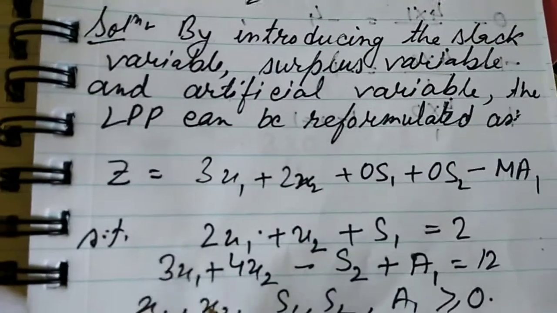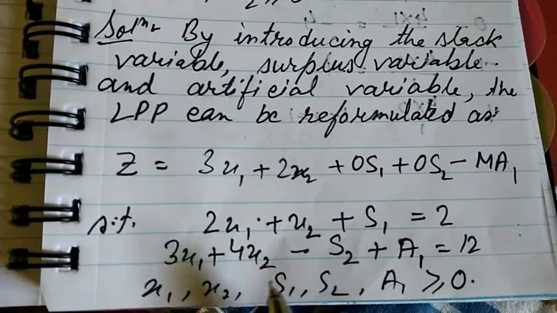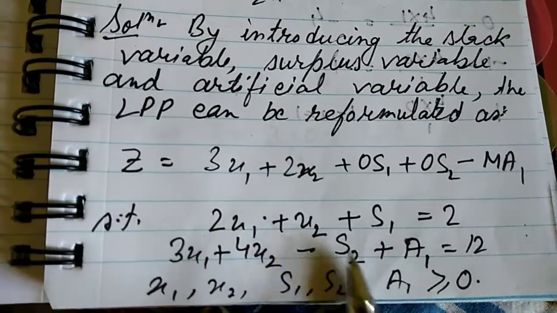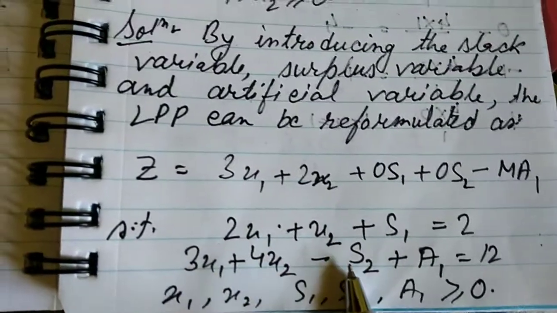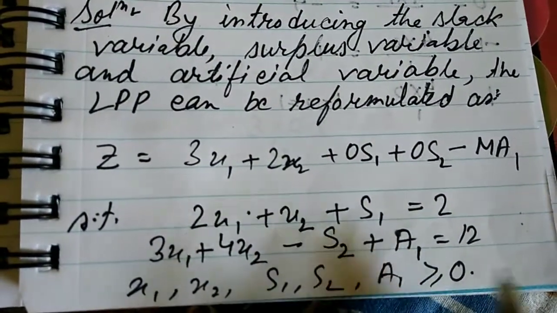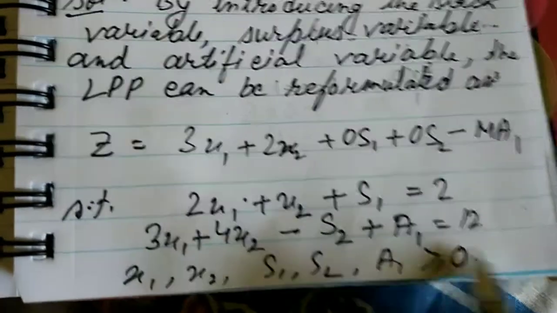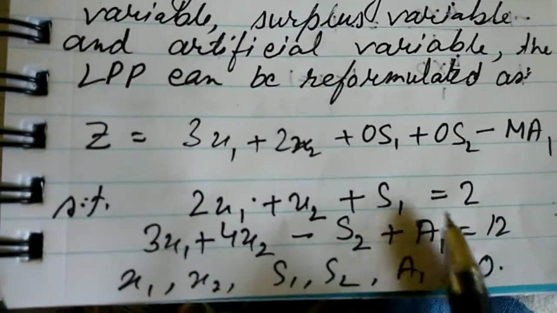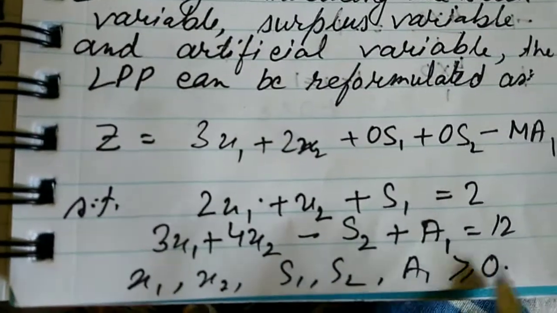Understood? Simply when the constraint sign is greater than, we first deduct the variable represented by s, called the surplus variable, and with it we add the artificial variable. Then we write the general constraint, that is x1, x2, s1, s2 and a1 greater than or equal to 0.